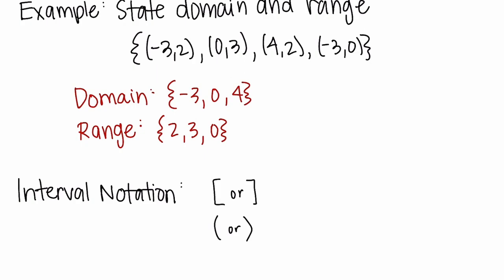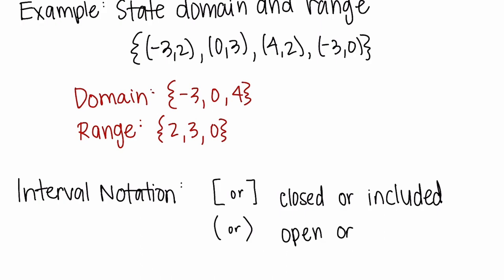So square, we're going to include, so we say it's closed or included. So if you see it on a number line, that'll be a closed circle. The parentheses or round brackets or however you want to call it, this is open or excluded.